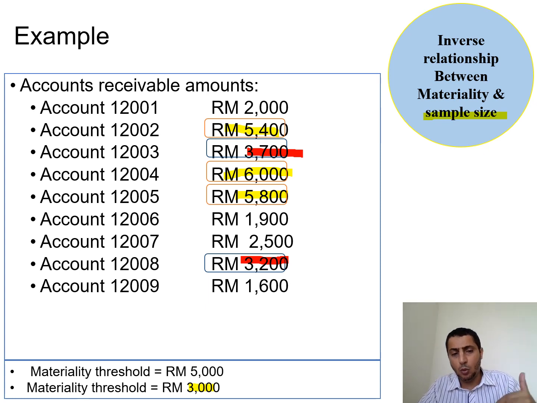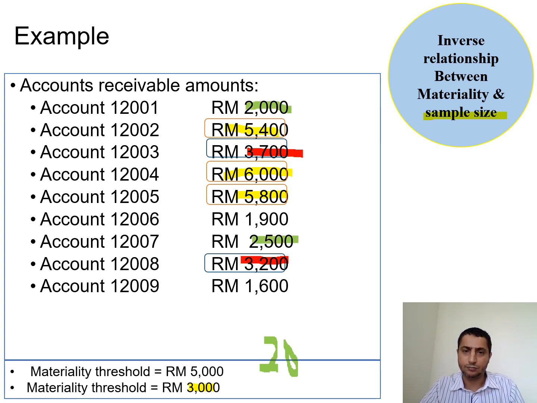If we set the materiality threshold lower, let's say at the 2,000 level, we will have even more transactions to be included.